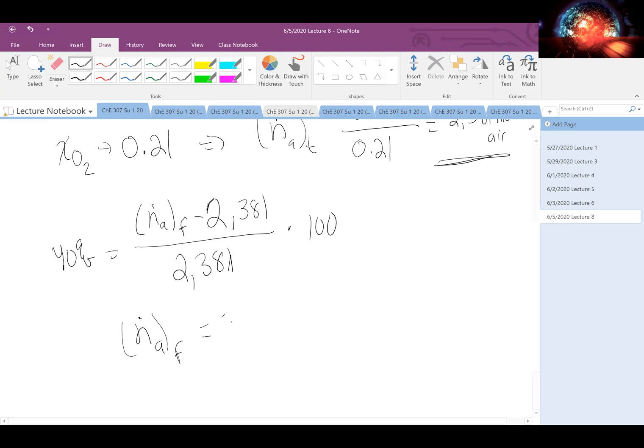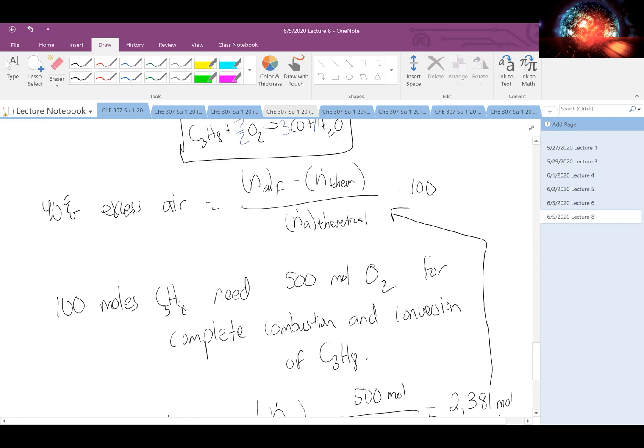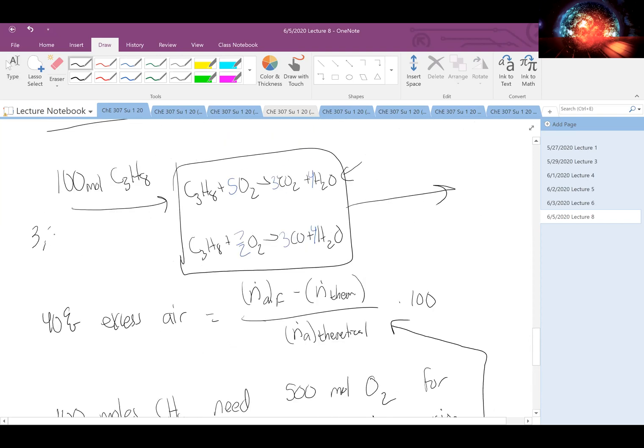Well, that should be about 3,333 moles of air. So now I can put that into my system, which tells me with that many moles of air, I have about 700 moles oxygen and the rest nitrogen.